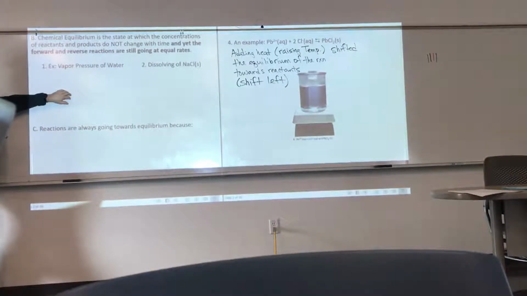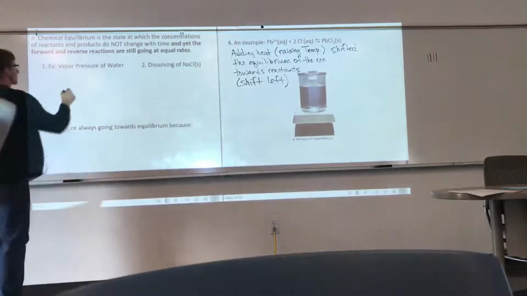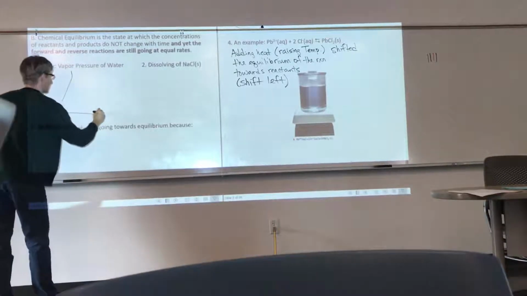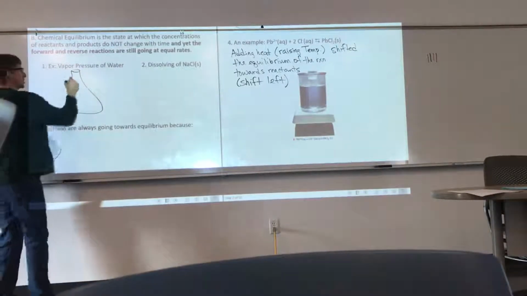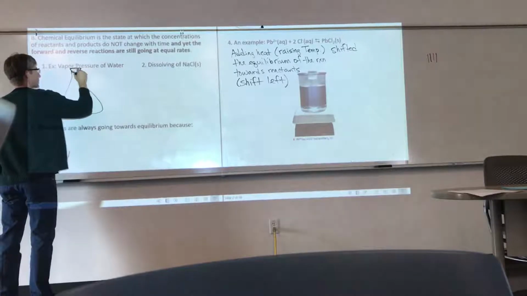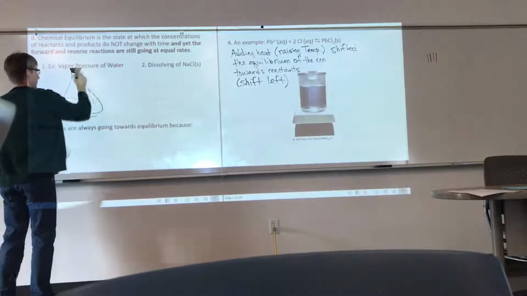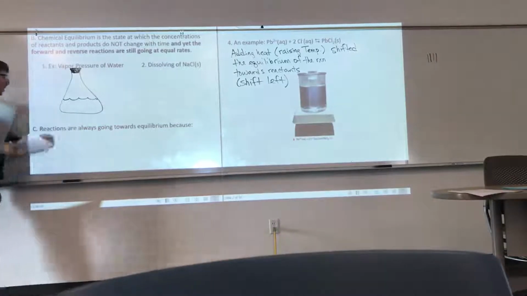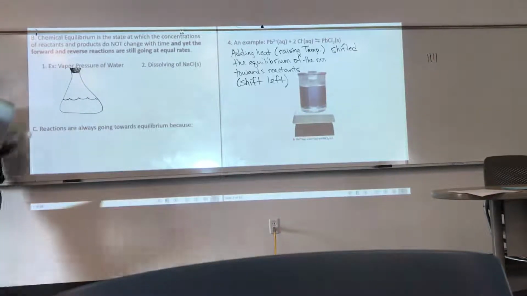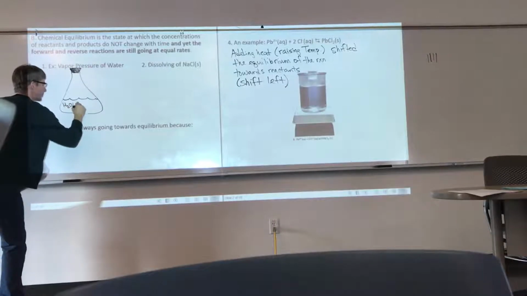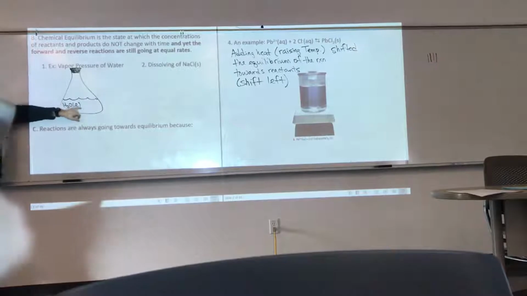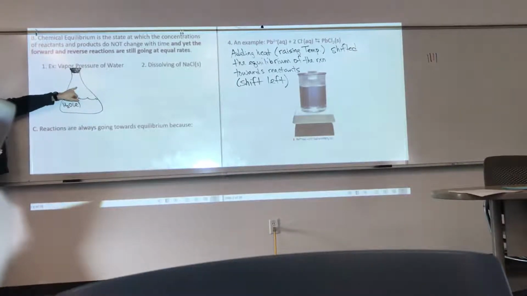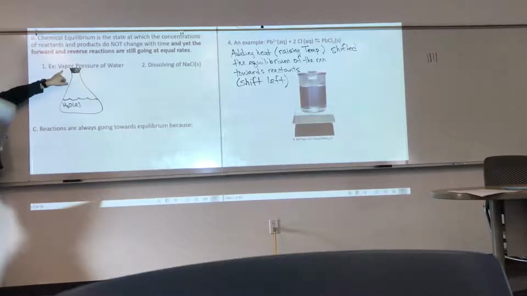A couple examples of this from Chemistry 400. Take an Erlenmeyer flask, put a stopper on the top of it, and some water in the bottom. This is the type of system with enclosed water, also called a closed system, where you could measure or establish the vapor pressure of water.